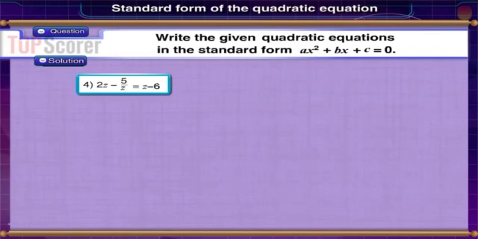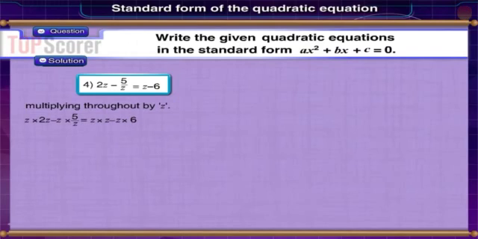The fourth equation is 2z minus 5 upon z is equal to z minus 6. In this equation, one term contains z in the denominator. How do you remove z from the denominator? By multiplying all the terms by z, we can remove z from the denominator.